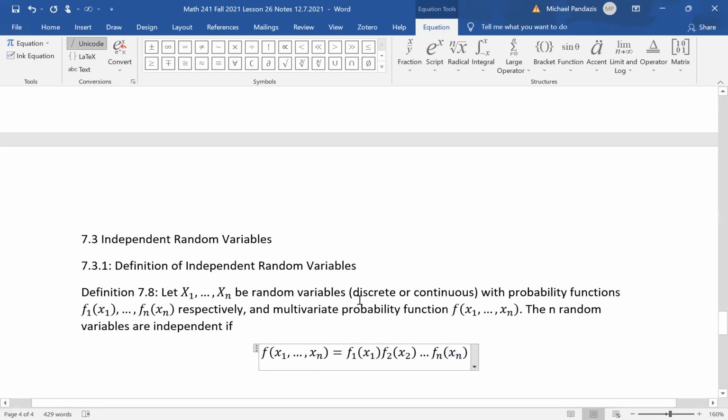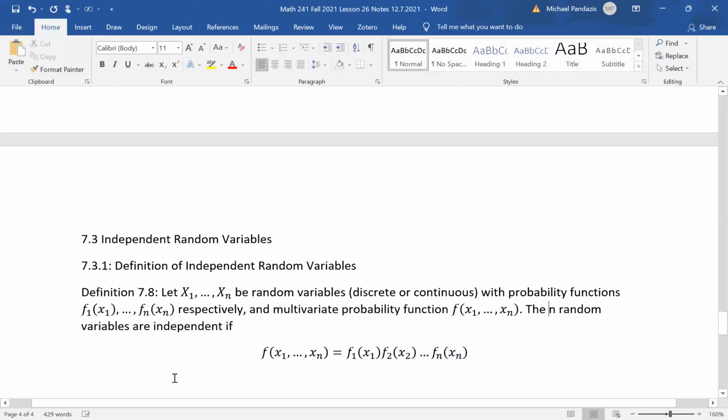Okay, so the n random variables X1, ..., Xn are independent if you can think of the value of the multivariate probability function as being a product of the separate probability functions from f1 to fn.